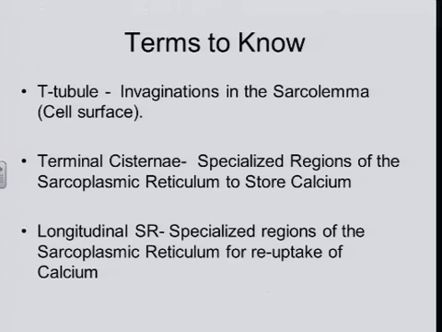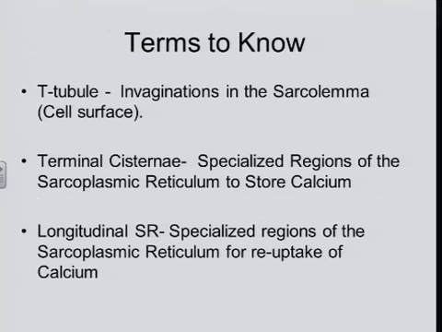So you need to know where the T-tubules are, the terminal cisternae, and the longitudinal SR, which is really more oriented towards uptake or reuptake of calcium as you go through the calcium cycle. So T-tubule invaginations, that's the cell surface membrane. Sarcolemma, cell surface membrane.